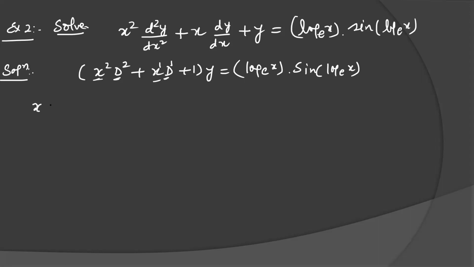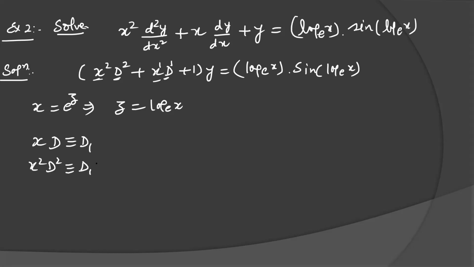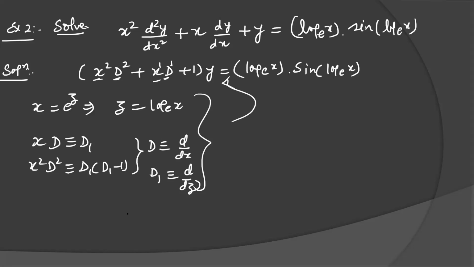We just substitute x equal to e to the power z, or you can say z equal to log x. Then what is the derivative? xD is equal to D1 and x square D square equal to D1 into D1 minus 1. You can directly write this in the exam, where you have to mention that D is d by dx and D1 is d by dz.